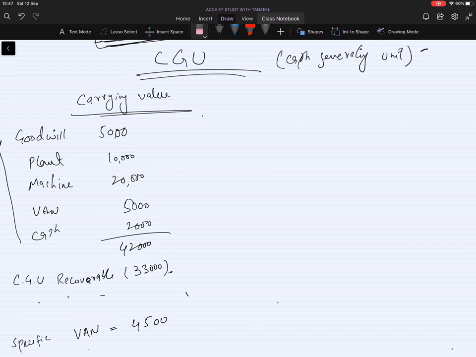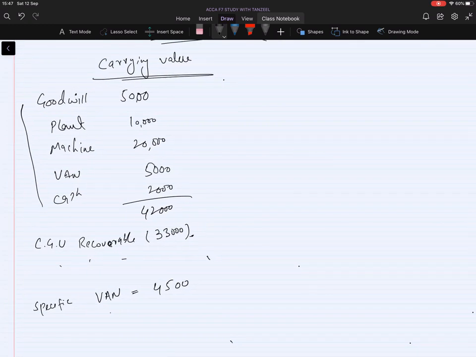Okay, now let's study this CGU, cash generating units. Suppose we have a carrying value of goodwill 5,000, plant 10,000, machine 20,000, van 5,000, cash 2,000. So total is 42,000.